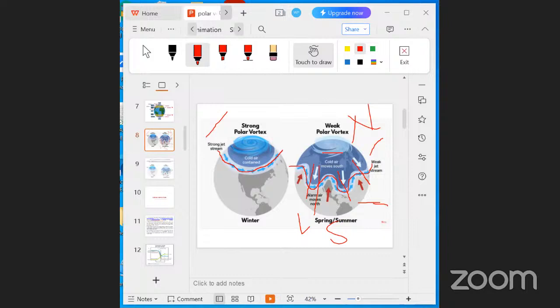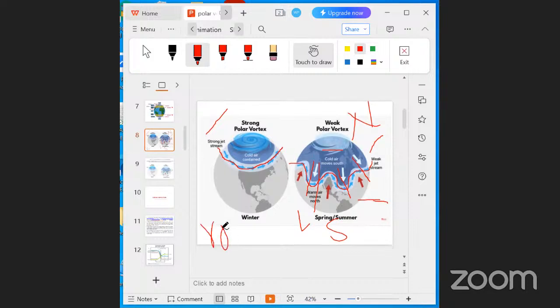Those waves are called Rossby waves, R-O-S-S-B-Y. These areas, okay? When these Rossby waves are weakened, they cannot contain this particular area, and the cold air starts going down.